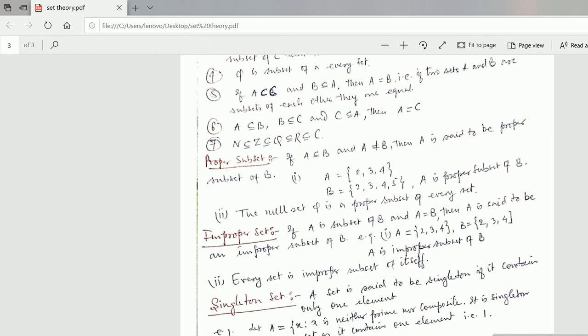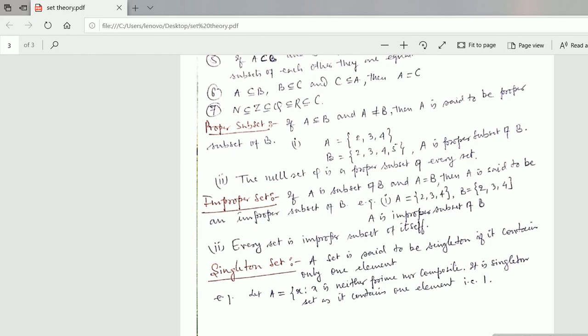Now we will discuss another kind of subset, that is proper subset. If A is a subset of B and A is not equal to B, then A is said to be a proper subset of B. See the example: A equals {2, 3, 4}, B equals {2, 3, 4, 5}. A is a proper subset of B. Second, the null set phi is a proper subset of every set.